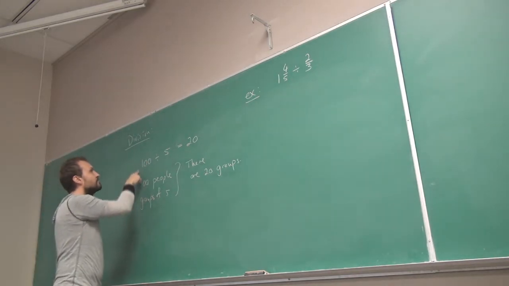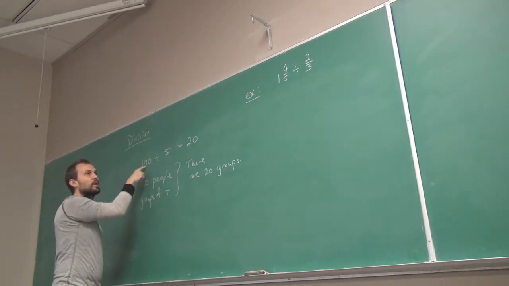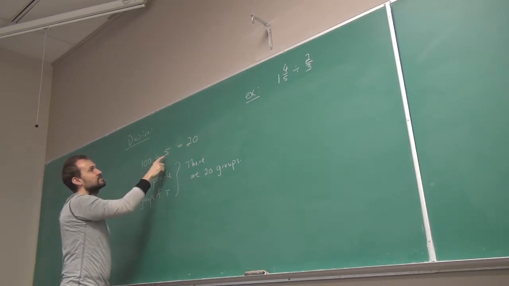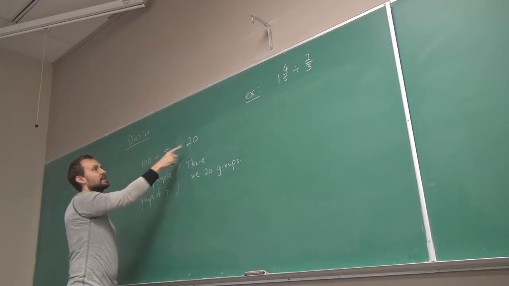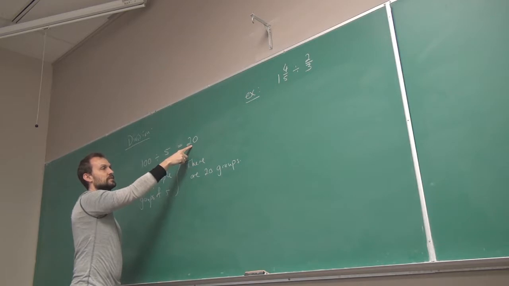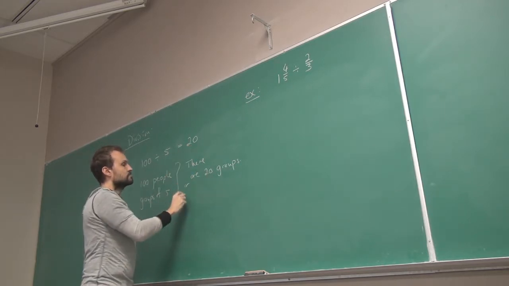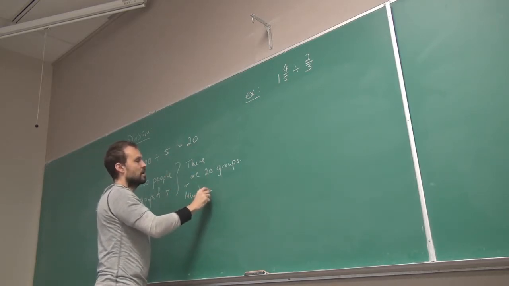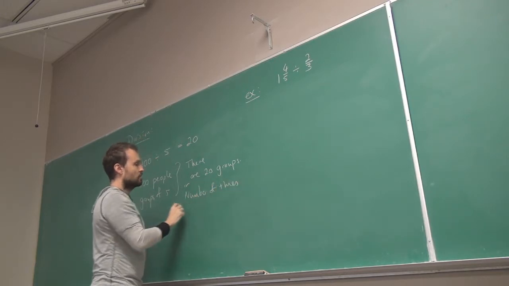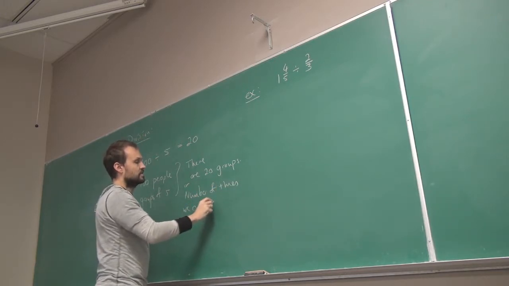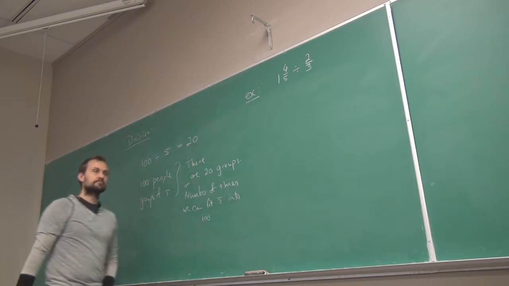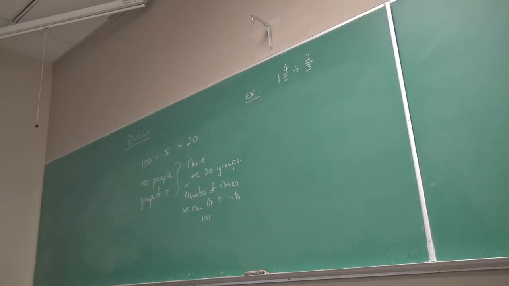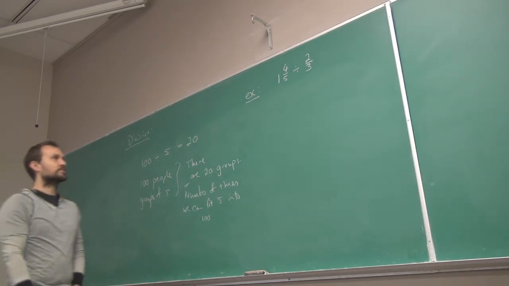I'm still having this first number as my quantity that I have, and I'm trying to see how many times does a group of 5 people fit into this 100. That number of times that I can fit this in is the answer. So this, or number of times we can fit 5 into 100. That's an alternative way of intuitively interpreting division.